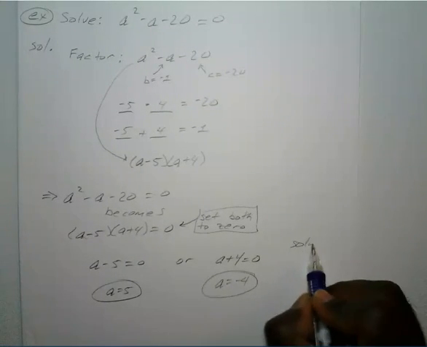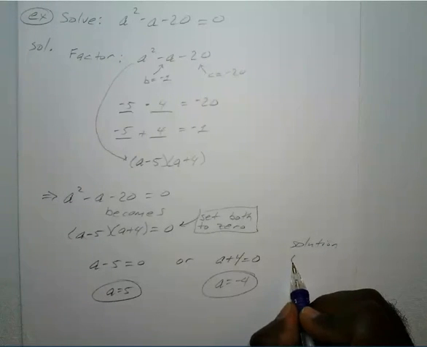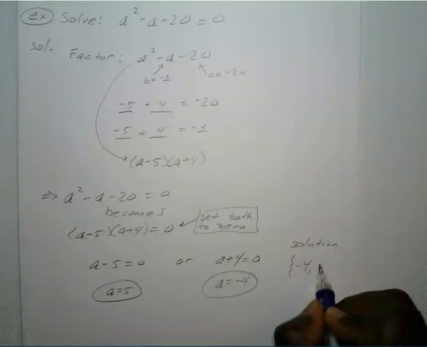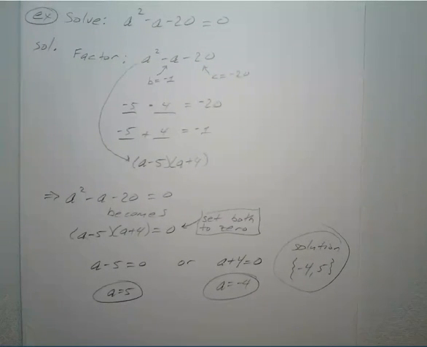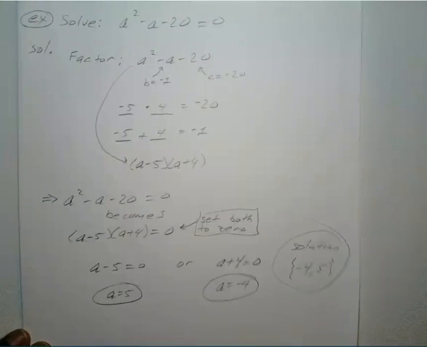So your solution set is -4 and 5. Okay, a can equal either one of those, and it would be correct. Alright, so how about we go to our next example.